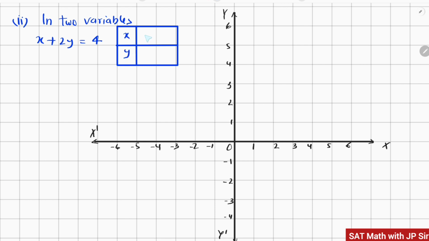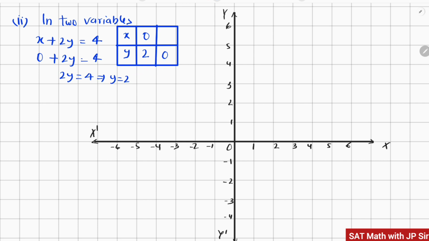Best is put x as 0, get y, and put y as 0, get x. If we put x as 0 here, we get 2y equals to 4. It means y is 2. So when x is 0, y is 2.